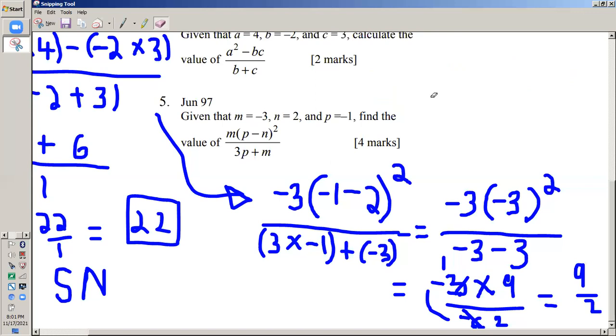Question, sir. For the end of it, did you cancel out -3 and 6? Yes. I said negative divided by negative gives you a positive. 3 into 3 goes 1 up here, and 3 into 6 goes 2. Yeah, I get that. And you get 9/2. Would 27/6 still be right?